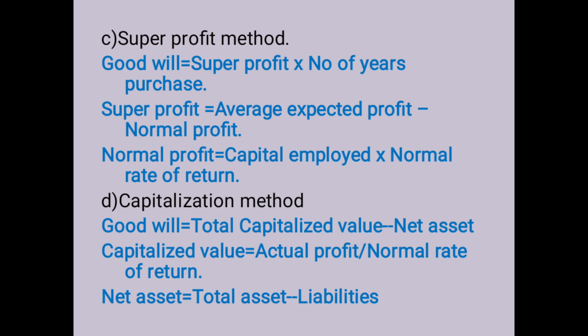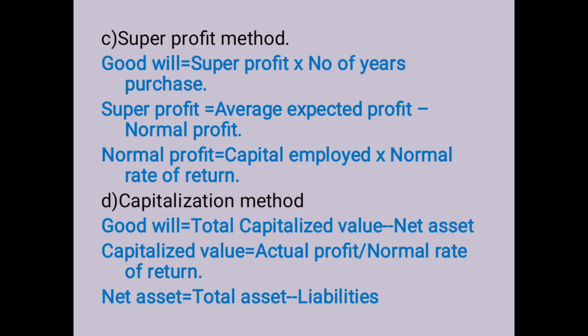This amount is compared with the net assets of the business in order to find out the value of goodwill. In other words, average profit is first capitalized on the basis of normal rate of return, and then the excess of this capitalized amount over net assets of the firm is goodwill.